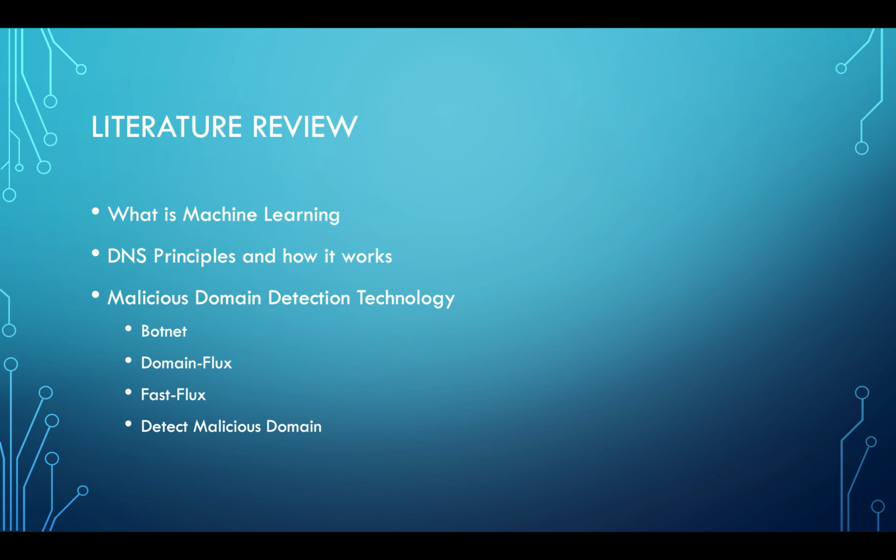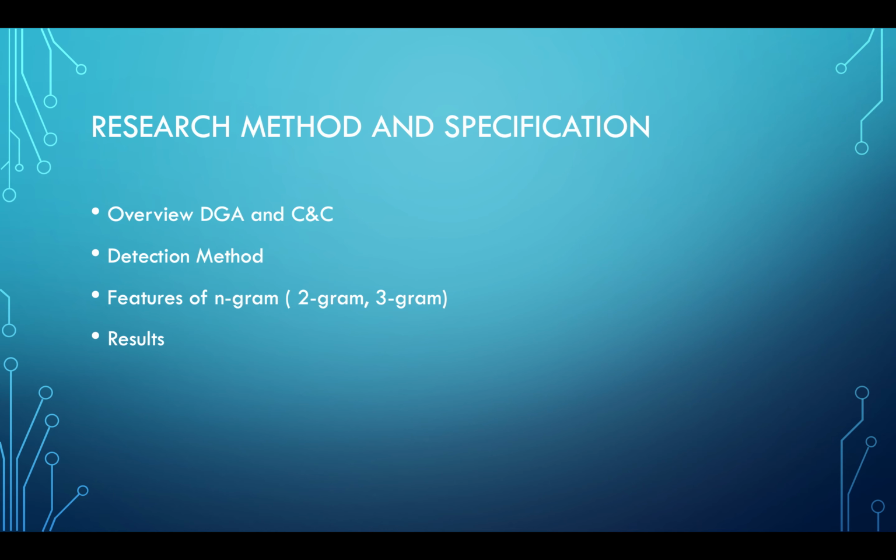We compare with other articles that did work before about botnet, domain flux, fast flux, and detecting malicious domains, and from here I will see what is better in the other articles and what needs to be fixed in them. Part 3, I will go to the research method for detecting malicious domain names based on machine learning.